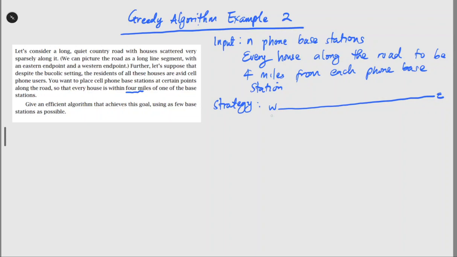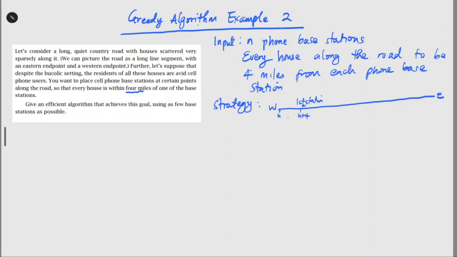I'm going to place my first phone base station exactly 4 miles from this first house, which is H. So at H plus 4, which is 4 miles to the right of H, I'm going to place my first phone base station. So this is my first station at this point.